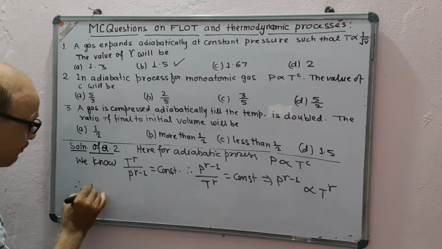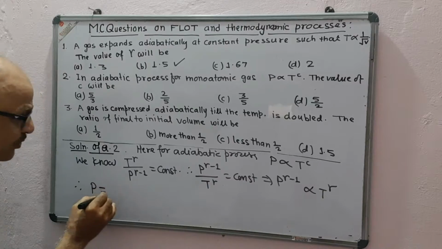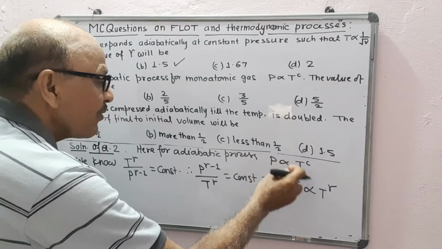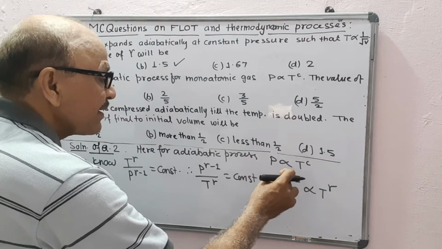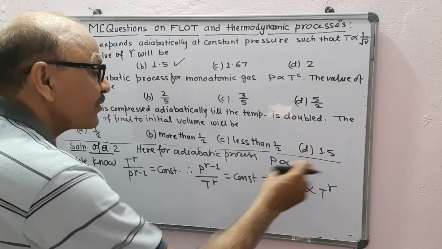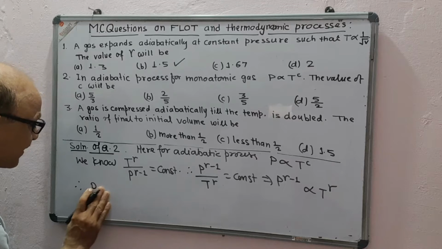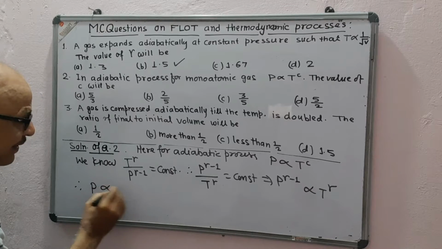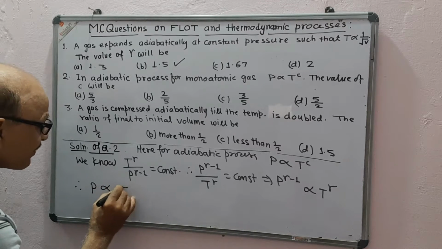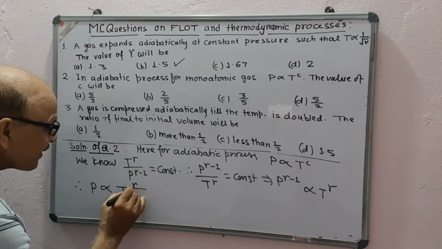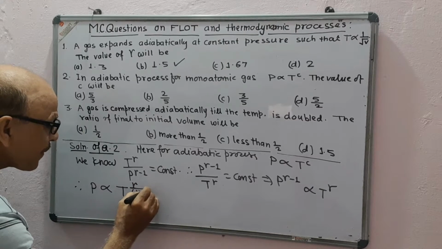Taking the 1 upon gamma minus 1th root on both sides, we get P is proportional to T power gamma upon gamma minus 1.